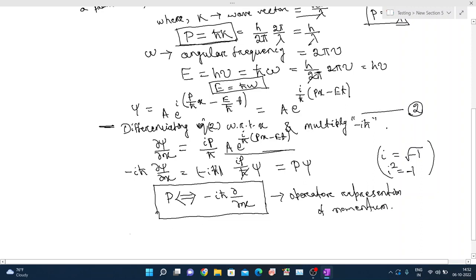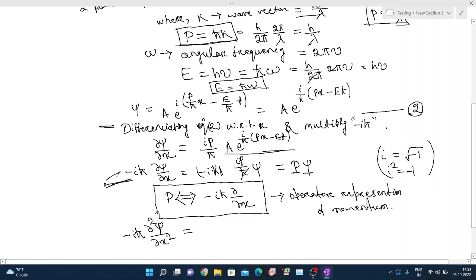Okay, now we have to again differentiate this with respect to x and again multiply minus i h cross here. So we differentiate and multiply: minus i h cross del square psi over del x square is equal to, here the x term is in psi, which was i p over h cross.